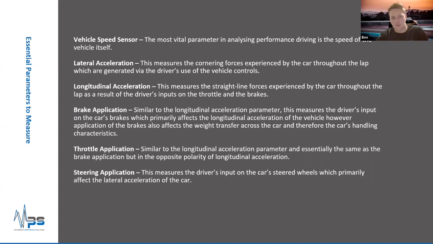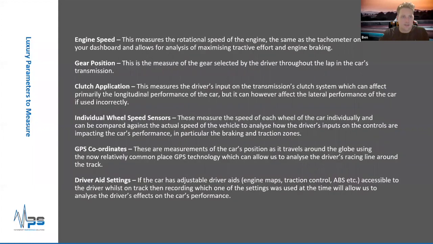Ideally that'd be the brake pressure, but if we have other means of measuring the brake pedal travel, in the majority of cases in terms of analysing the driver, that will be enough. The same thing goes for the driver's throttle application and the steering application. So they are the main base inputs a driver has on the car when they're driving on track.